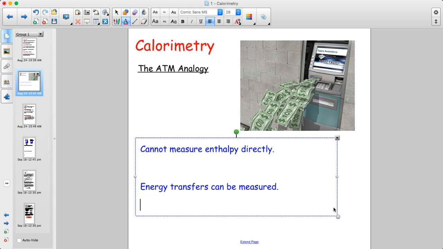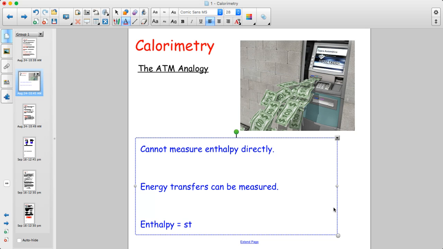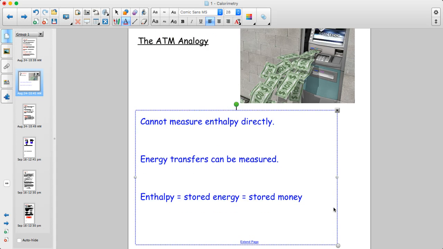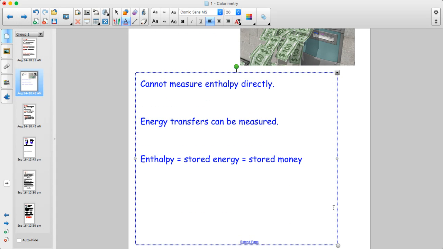Another reason why I like this analogy is that it fits pretty well with the signs, the negative and the positive, that you're going to use with enthalpy changes. So remember, enthalpy is stored energy. Kind of in this analogy equal to the stored money that's in the bank. So if there's stored money in the bank and then you go and you take money out, in terms of the amount of money that ABN AMRO has, they just lost money, right?